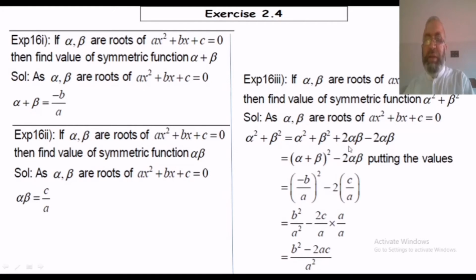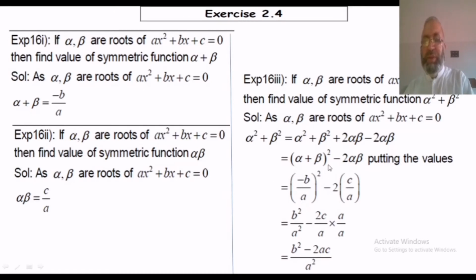By adding 2 alpha beta to alpha square plus beta square, it becomes a complete square. By adding 2 alpha beta, we also subtract 2 alpha beta, because the same term cancels again. We get from the first three terms alpha plus beta whole square minus 2 alpha beta. By putting in the values, this symmetric function changes to sum and product form.